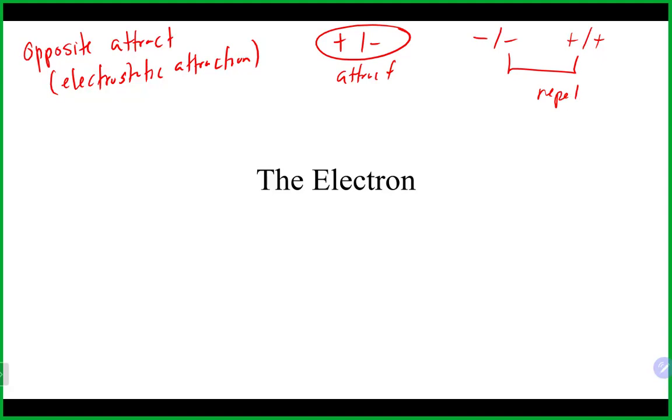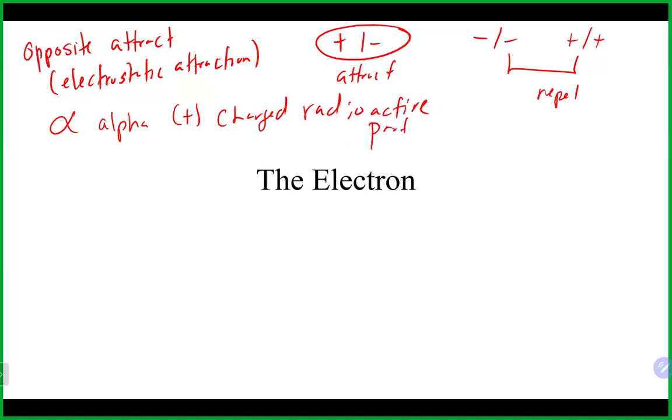Now, a lot of experiments used radioactive particles, and we'll talk about some of those. For example, alpha particles, which are positively charged radioactive particles. They're essentially helium. You'll sometimes see it written like that.